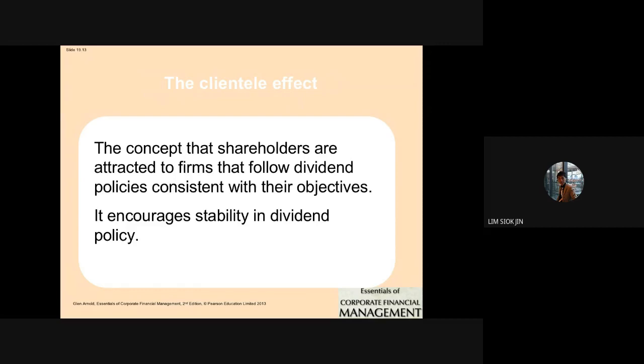This is AirAsia's goal. But as a goal of a shareholder, you buy AirAsia stock, you only want one thing, you only want profit. You don't care about how many planes AirAsia has. But AirAsia, of course, wants more planes.